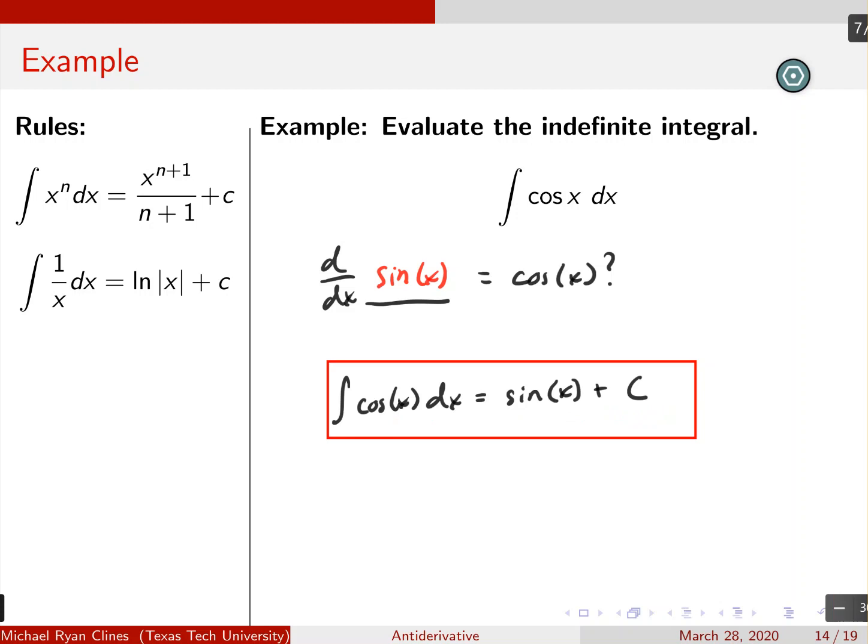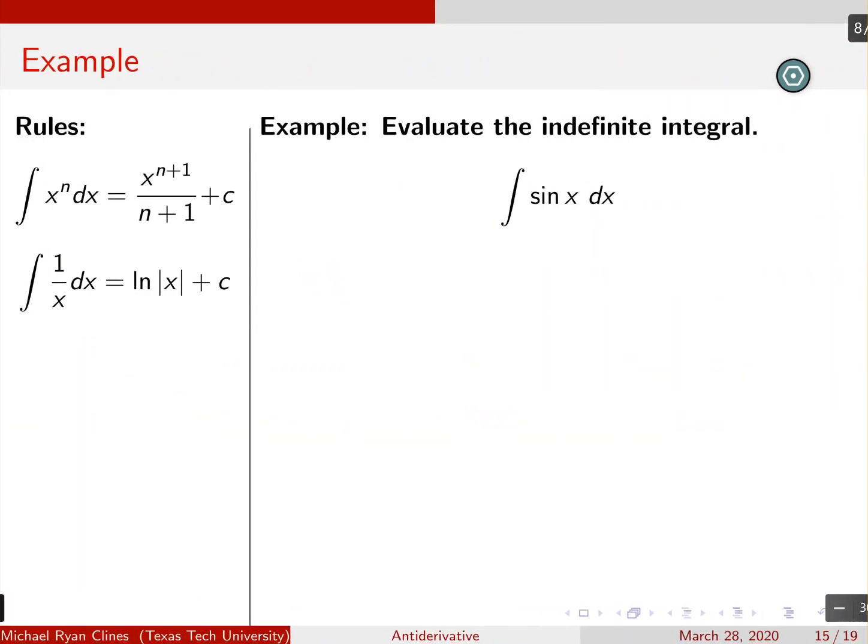All right. That's enough of cosine. Let's go on to the next example. The integral of sine x dx. Since we do not have a rule over here yet, we do not have any kind of rules for this, we have to use our knowledge of the derivative again and ask ourselves, the derivative of what is equal to sine of x?